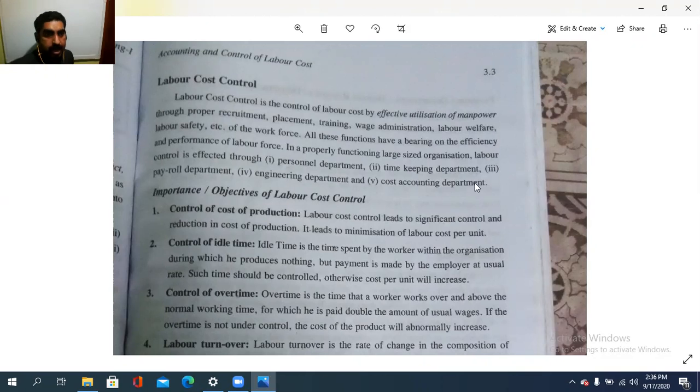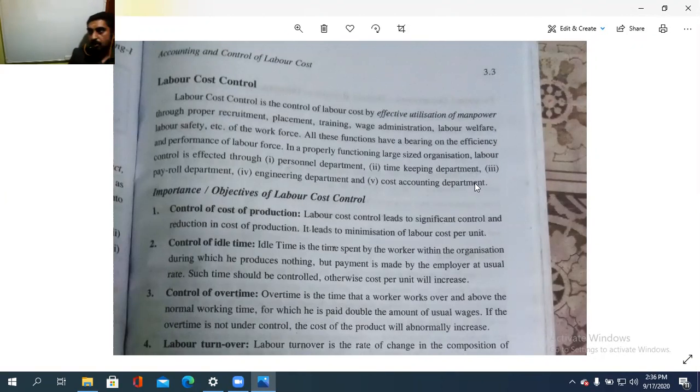So, labor cost control. What is that? Labor cost control is the control of the labor cost by effective utilization of the manpower through proper recruitment, placement, training, wage administration, labor welfare, labor safety, etc. of the workforce. എന്തെല്ലാം തരത്തിലാണ് നമുക്ക് കൺട്രോൾ ചെയ്യാൻ പറ്റുന്നത്?